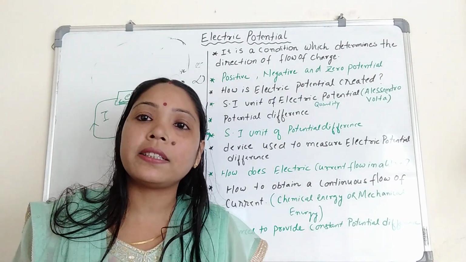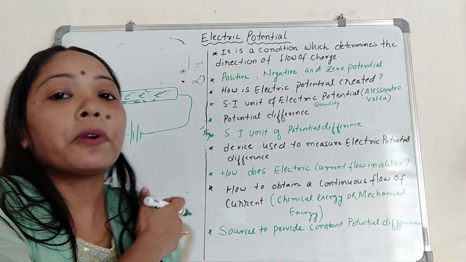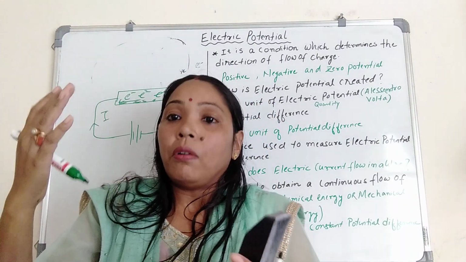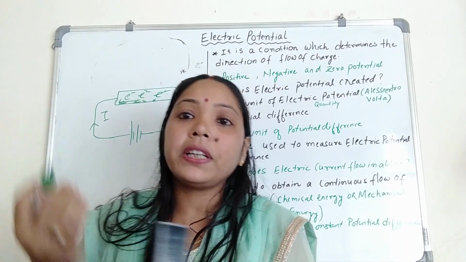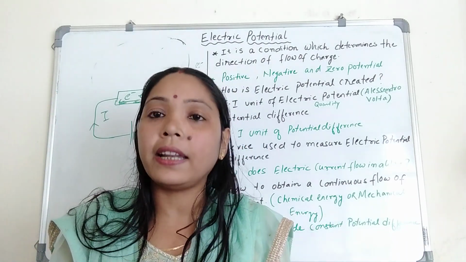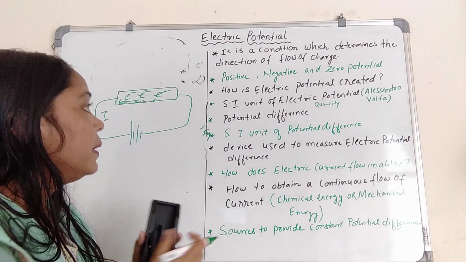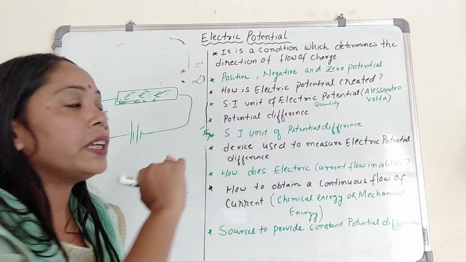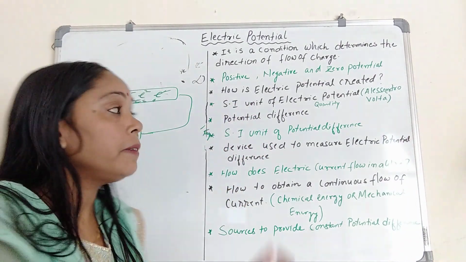Earth is always considered as zero potential. How is electric potential created? The amount of work done to bring a charge from infinity into the electric field is called electric potential. The SI unit of electric potential is the volt. It is a scalar quantity.